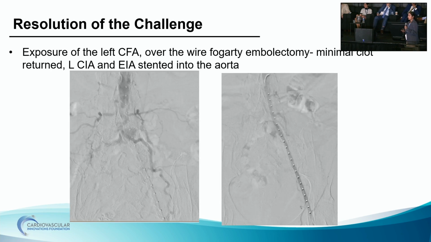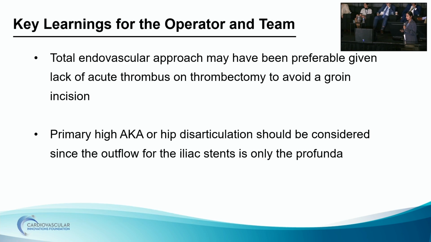So we did a hybrid approach. We exposed the left common femoral. We did an over-the-wire Fogarty embolectomy, but we really didn't get much clot out. And then we basically stented her all the way from the aorta into the groin. So maybe in this patient, looking back, a total endovascular approach would have been preferable.